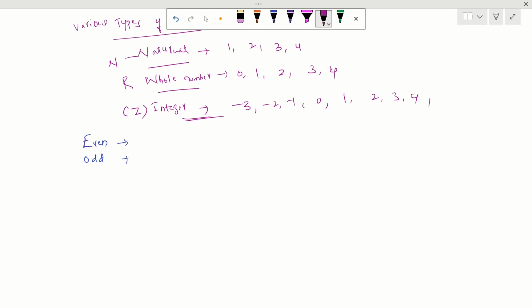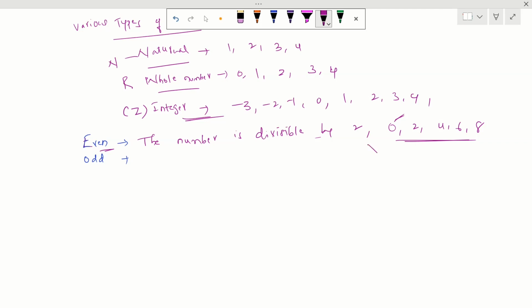Even number means a number which is divisible by 2. Such numbers are called even numbers. Examples: 0, 2, 4, 6, 8 are even numbers. Zero is also an even number.